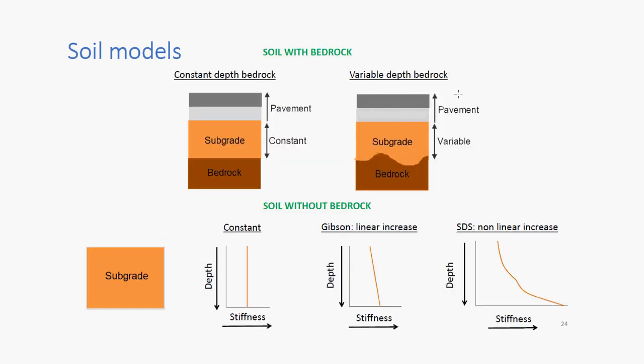DAPS has two major families of soil models, those that include bedrock at a certain depth and the soil models that do not include bedrock at a certain depth. Looking at the soil models with bedrock, there are two possibilities.